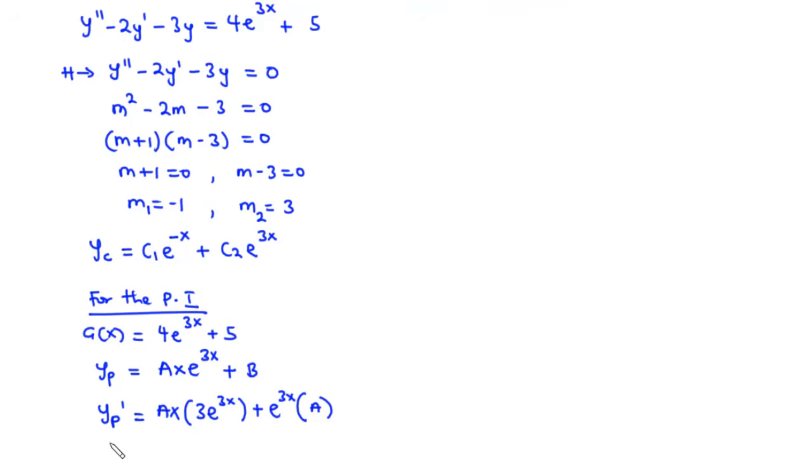So representing this in a more presentable way, we have yp' = 3ax e^(3x) + a e^(3x). So that is yp'.